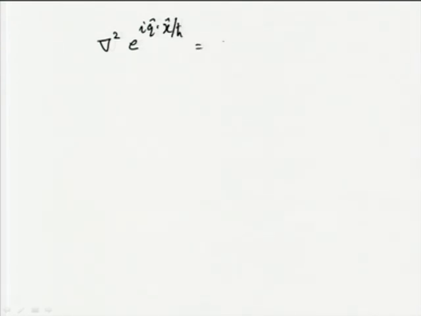This will give you minus q square over h cross square, minus because of the i there in the exponent, times the same exponential i q dot x over h cross. What we can do then is to write e power i q dot x over h cross as h cross square over q square, with a minus sign, times del square acting on the same expression. That is what we will do. It will be clear in a moment why we are doing this.